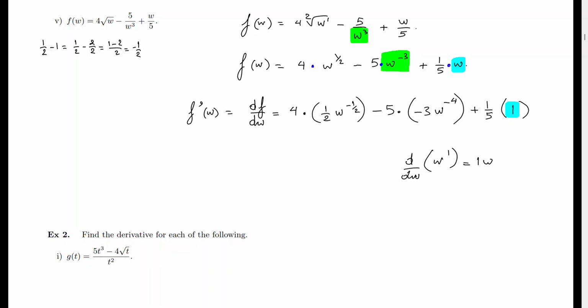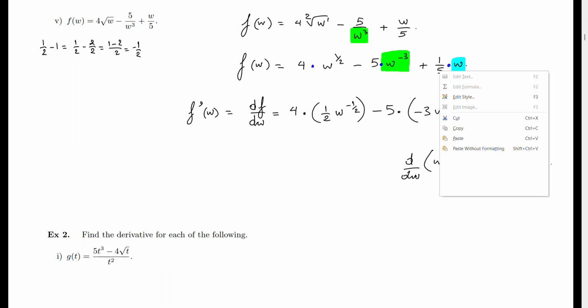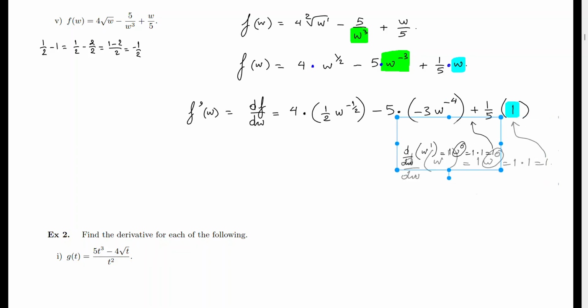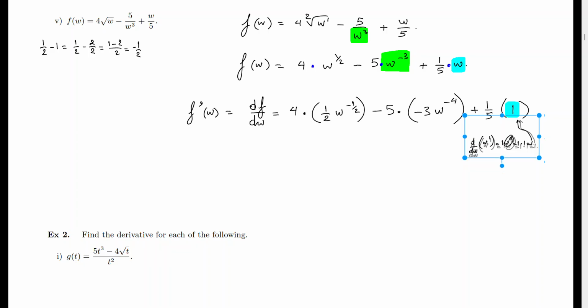And 1 minus 1 is going to be 0, but w to the 0 is really 1. And so 1 times 1 is going to be 1, and that's why I'm seeing 1 there. So that's how that one is obtained. I'll just keep this here so that we can reference it later on.